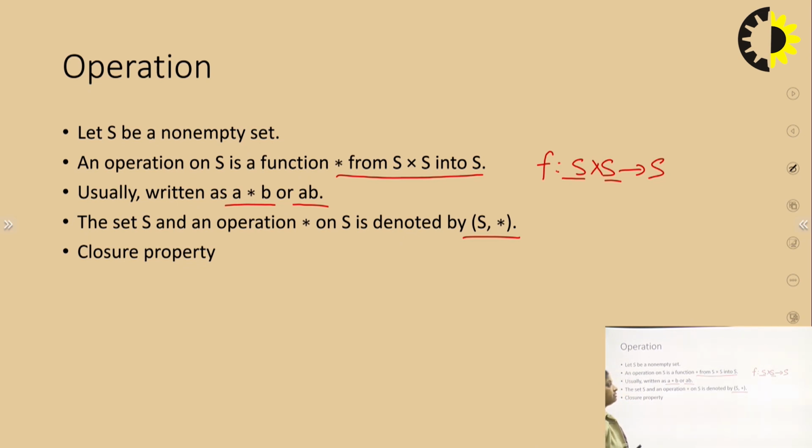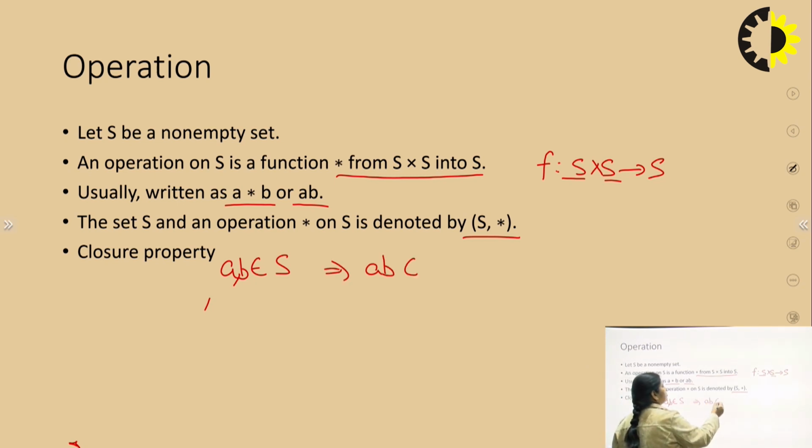Now as we are saying that both the operands will be from set S and the result will be in S only, we can say that we have two elements, A and B, belonging to S, and then we do the operation, and what it gives us, AB, also belongs to S. This property is called the closure property.